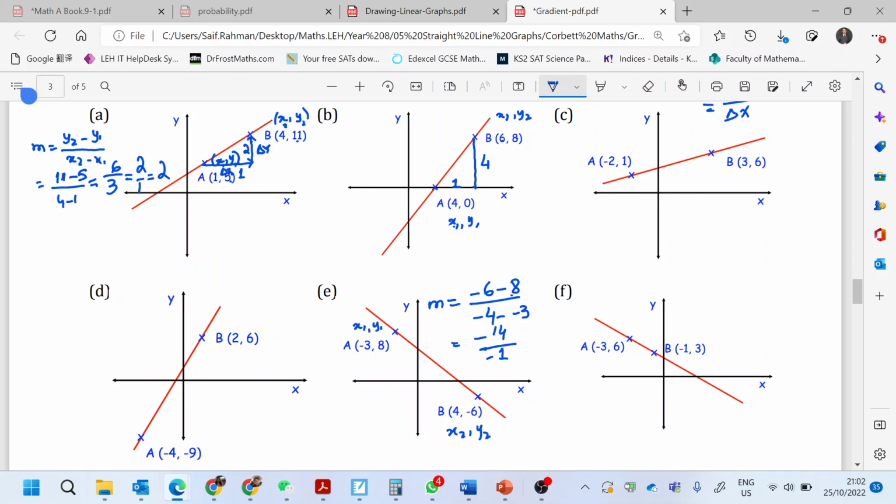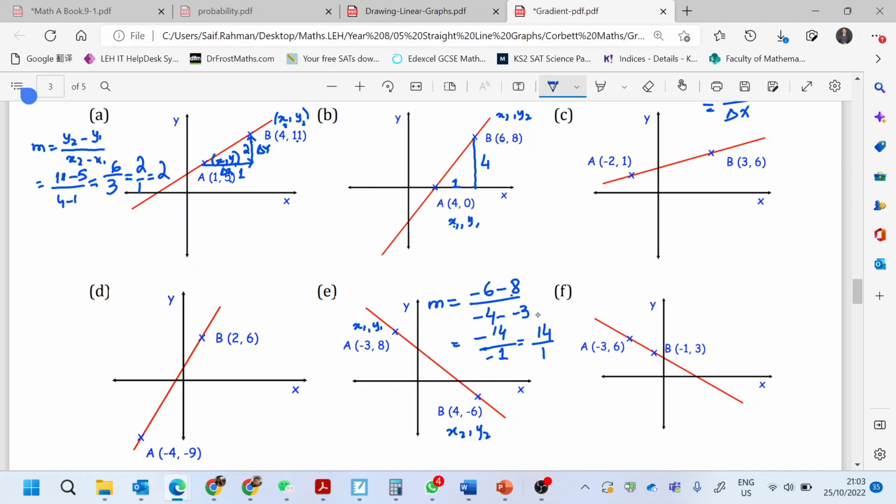And when there are two minuses they become plus. So that gives you 14 over 1. So in this line, the gradient is 14 over 1.